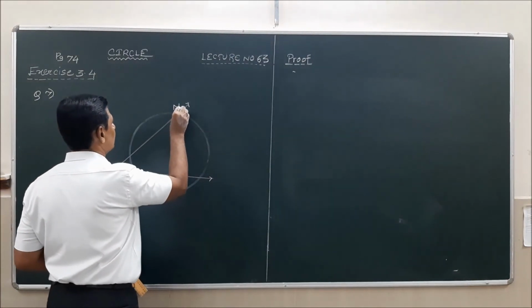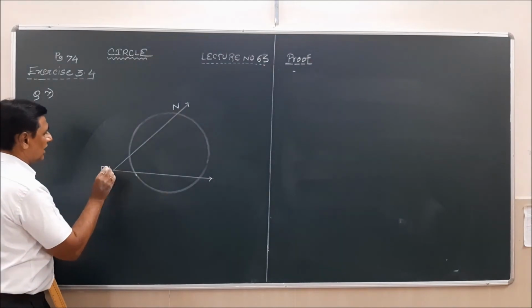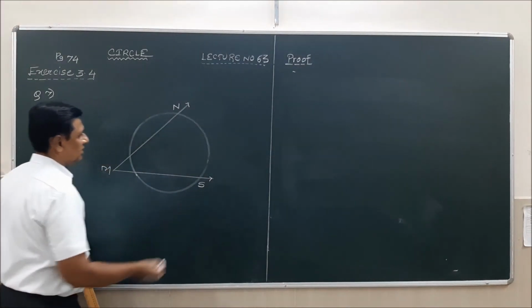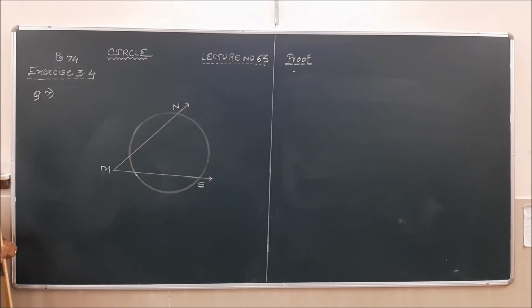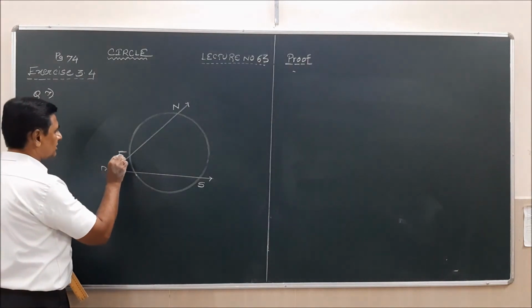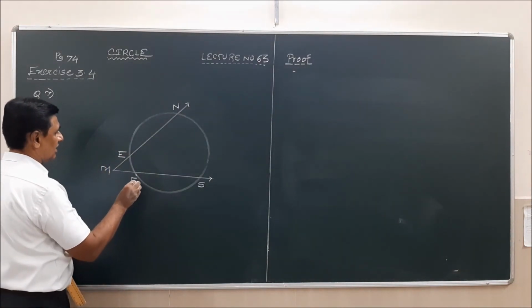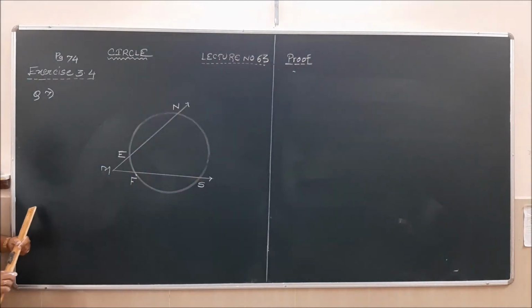Here you will find point N, S, NS is there. Two arcs are there, EF as well as NS. Fine.